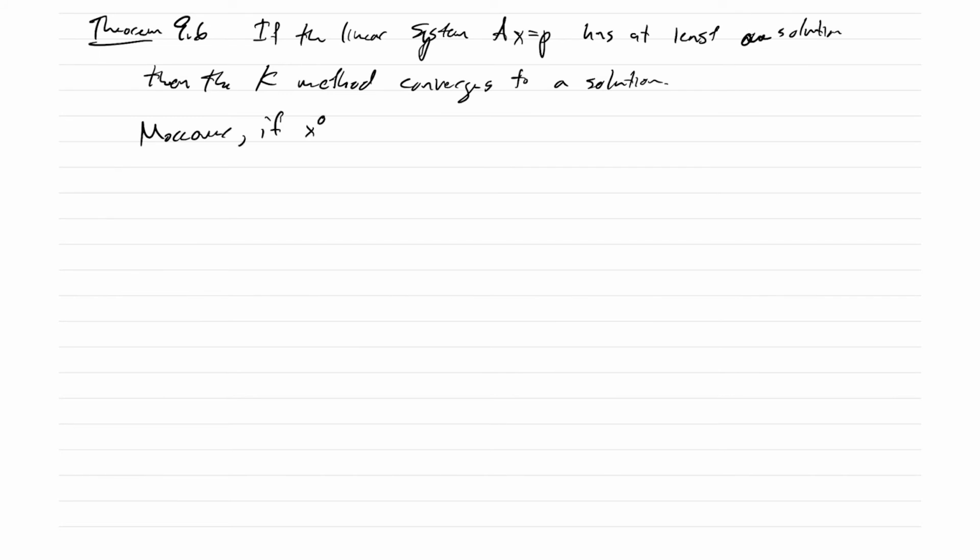if X naught is in the range of A transpose, then the Kaczmarz method converges to the solution of minimum norm.